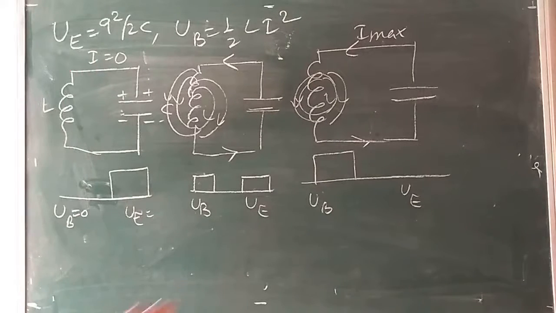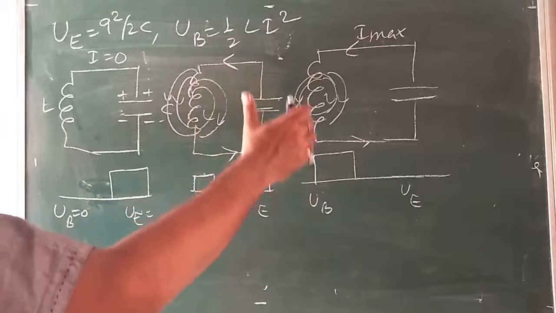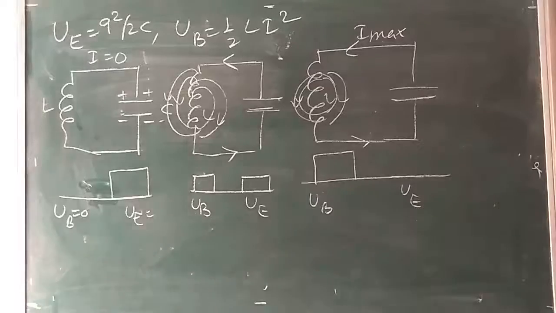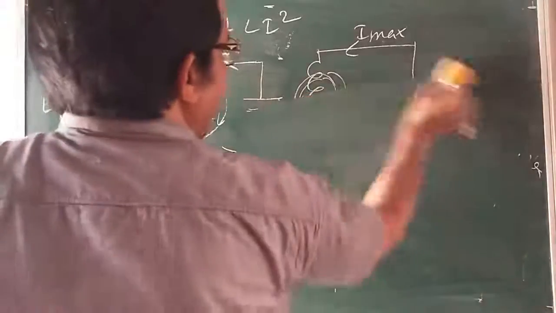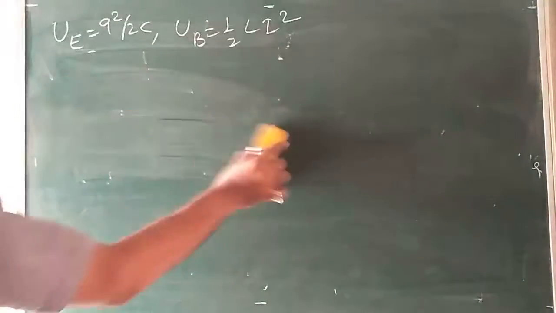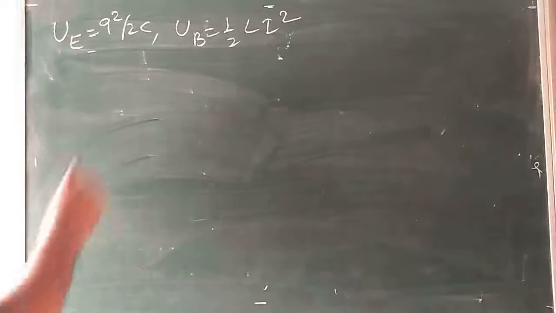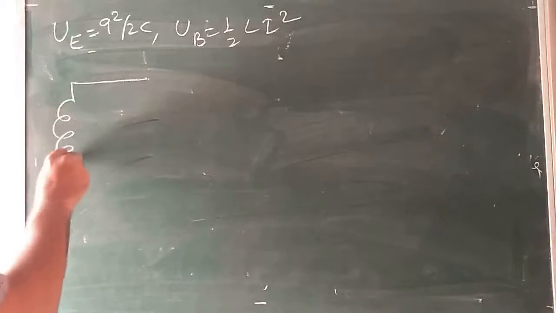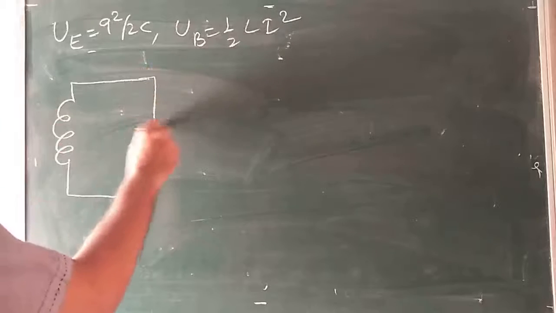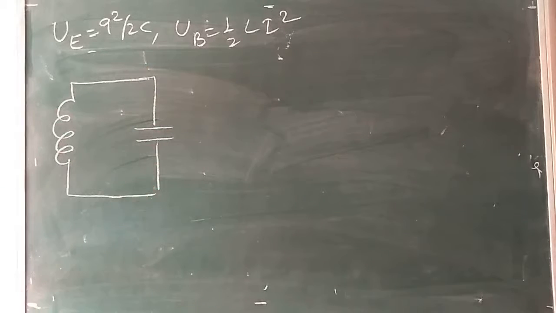Then what happened in the 4th stage? Again, it shows charging of the capacitor in the opposite direction. In the 4th stage, here is our inductance, here is our capacitance.